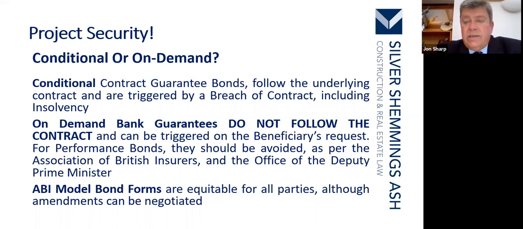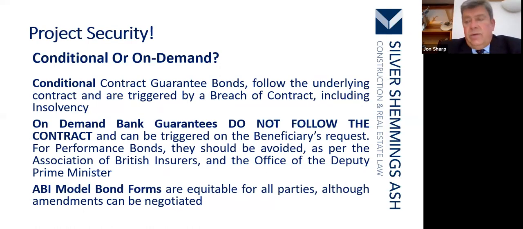On-demand bank guarantees do not follow the contract and can be triggered on the beneficiary's request. Performance bonds should be avoided, as per the Association of British Insurers and the Office of the Deputy Prime Minister. Don't do performance bonds. They really don't work.